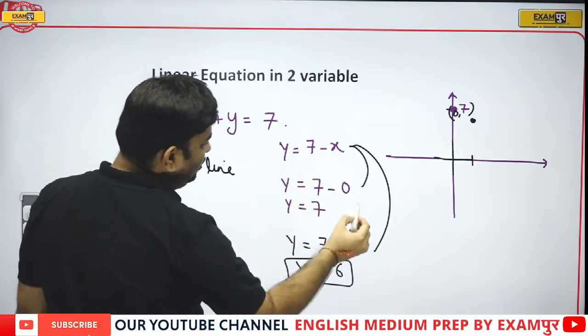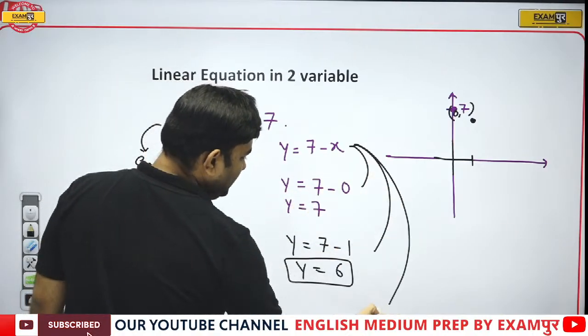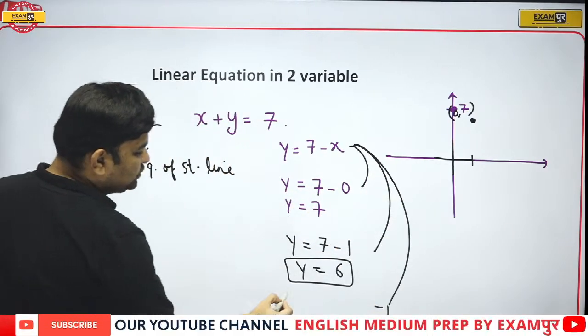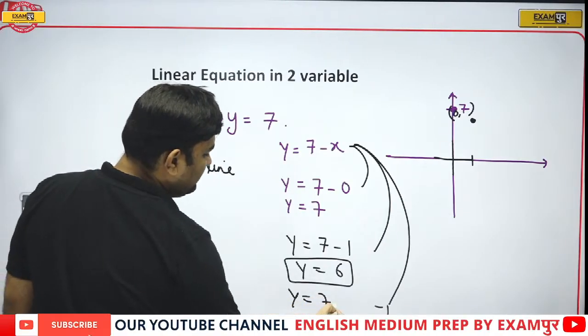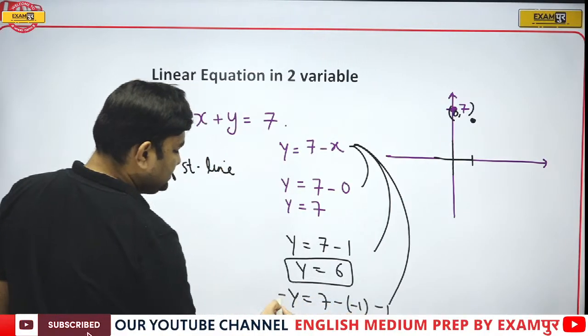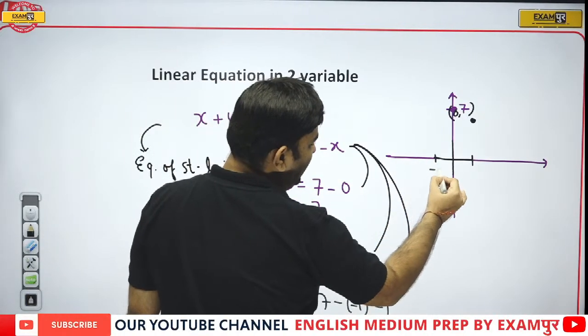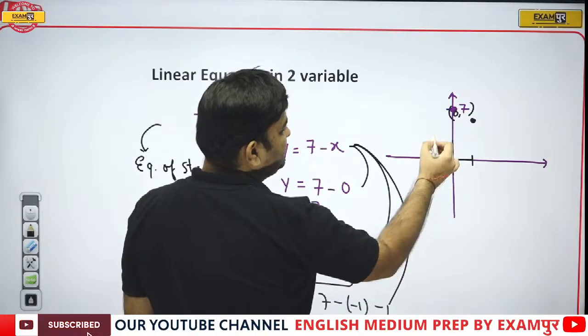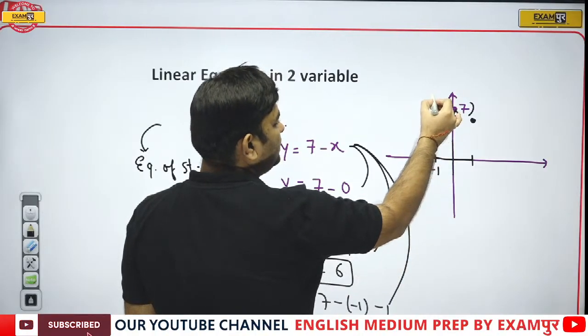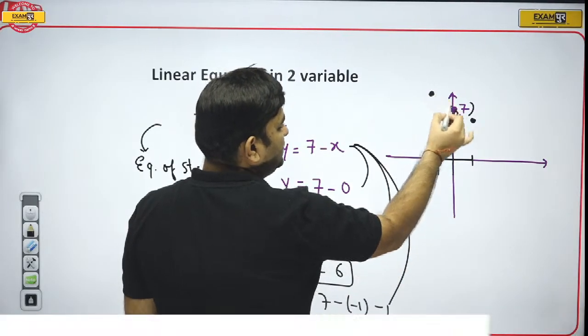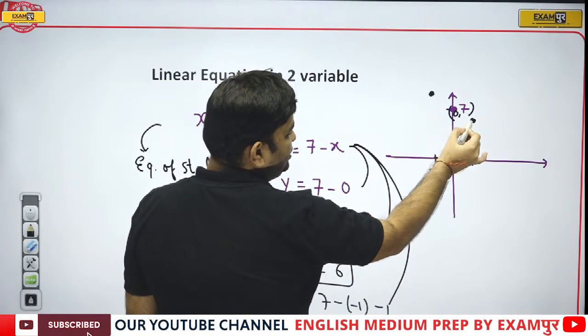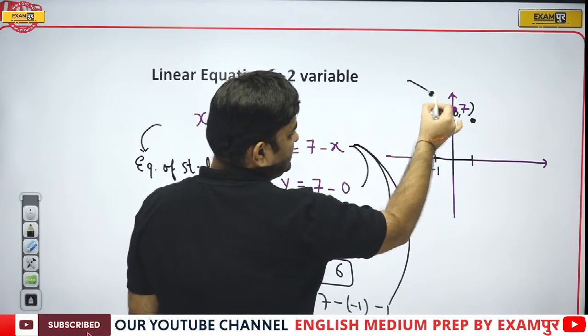For x is equal to minus 1, y is 7 minus of minus 1, that is 8. This was the position of 7, this was the position of 6, so this is the position of 8.